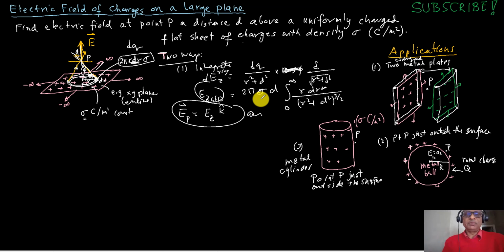And if you do it out, I'm not going to do it, but if you do it out, the answer should be sigma over 2 epsilon naught, and the EZ will be this. So you see, I didn't even do the integral, I remember the answer, right?